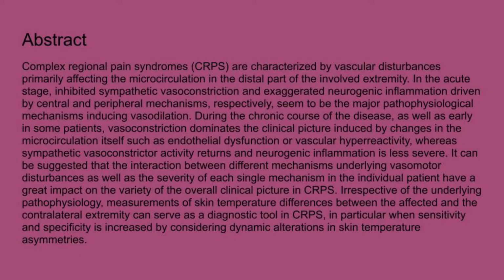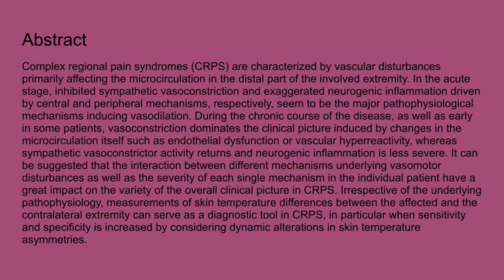is less severe. It can be suggested that the interaction between different mechanisms underlying vasomotor disturbances, as well as the severity of each single mechanism in the individual patient, have a great impact on the variety of the overall clinical picture in CRPS.